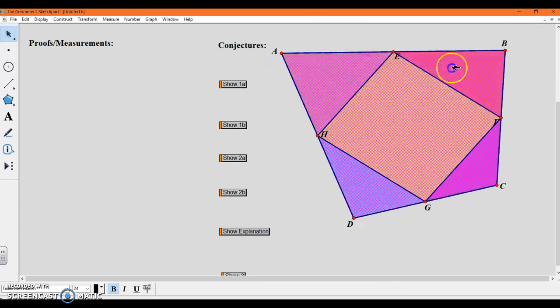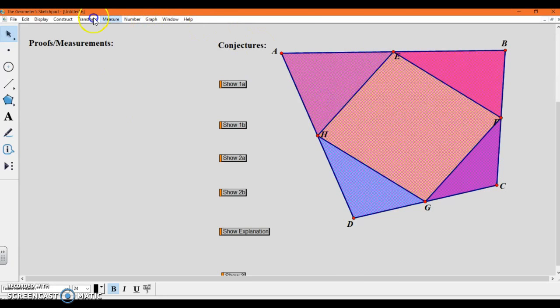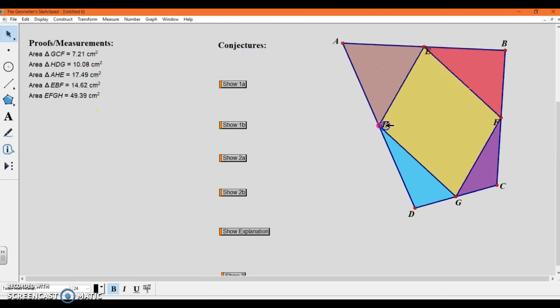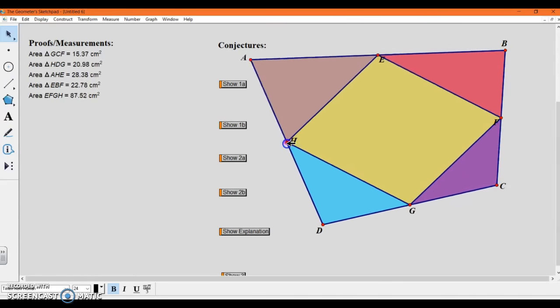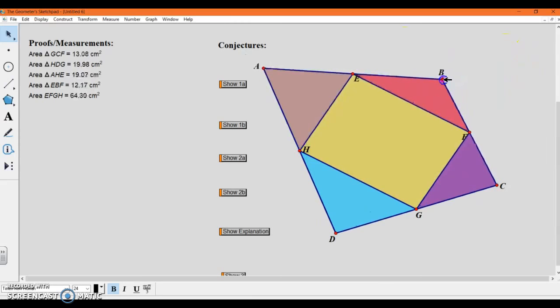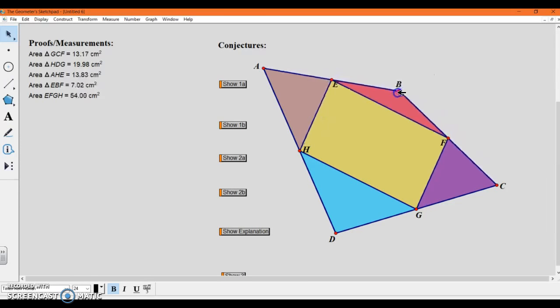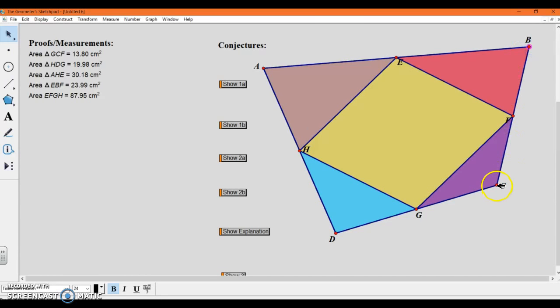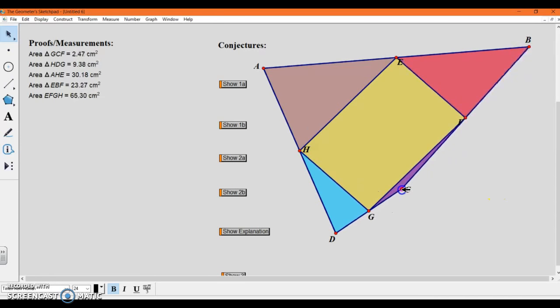I'm going to use the measurement tool to measure the areas of each of the 4 triangles and the area of the interior quadrilateral EFGH. I'm noticing that the area of all 4 of the triangles is smaller than the area of the quadrilateral. And when I decrease the area of the triangles, the area of the quadrilateral decreases.